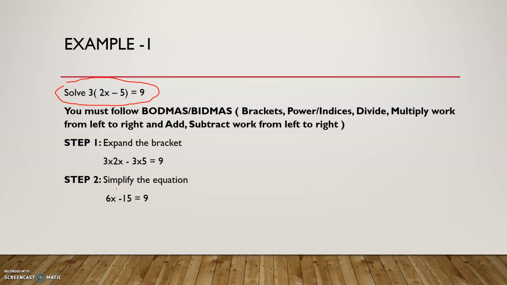Then step number 2, we're going to simplify the equation. So 3 times 2x is 6x, and minus 3 times 5 is 15. So we have 6x minus 15 equals 9.